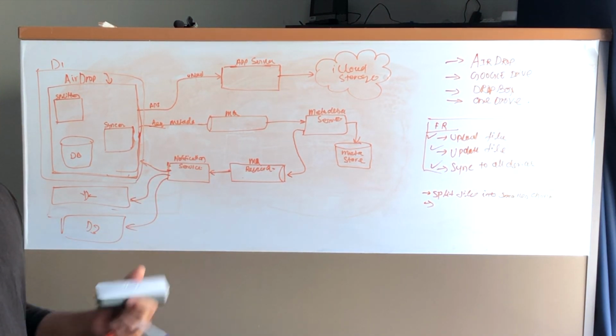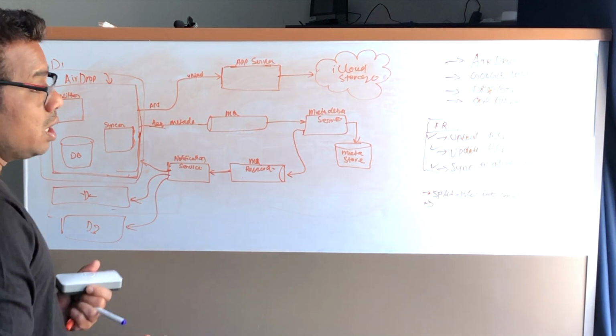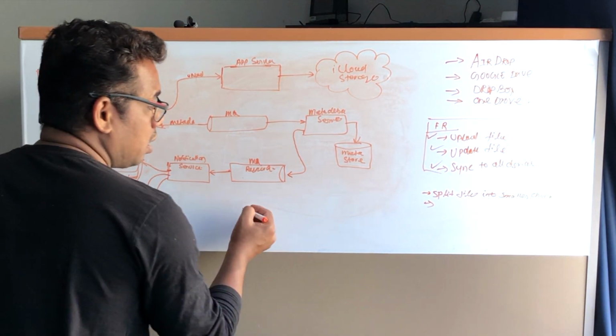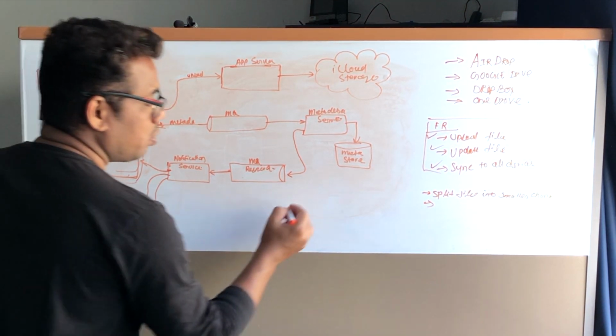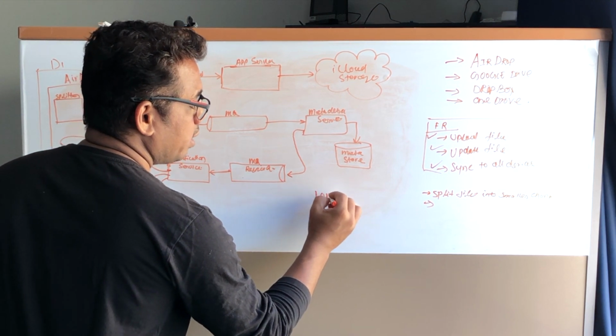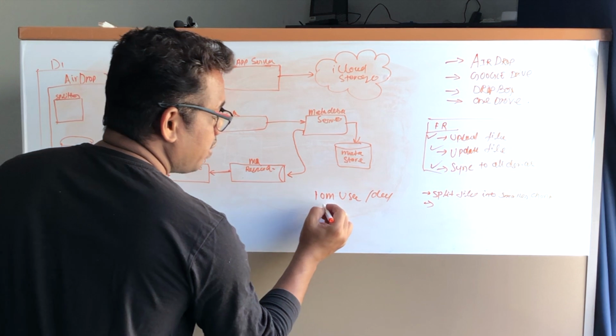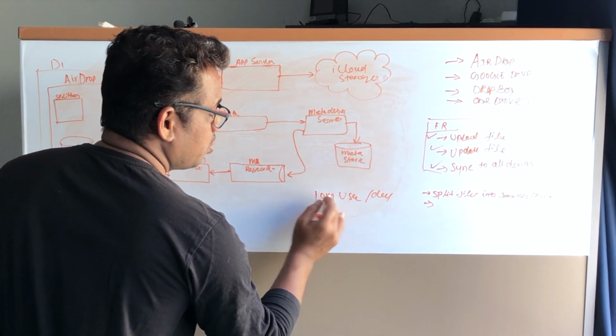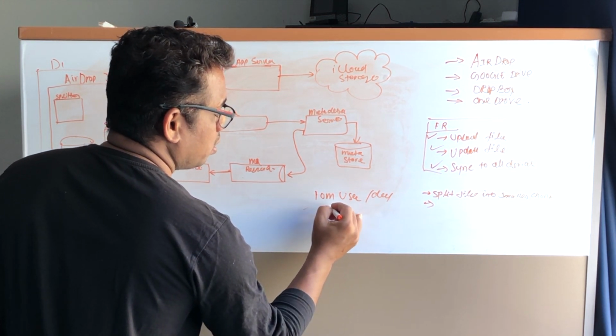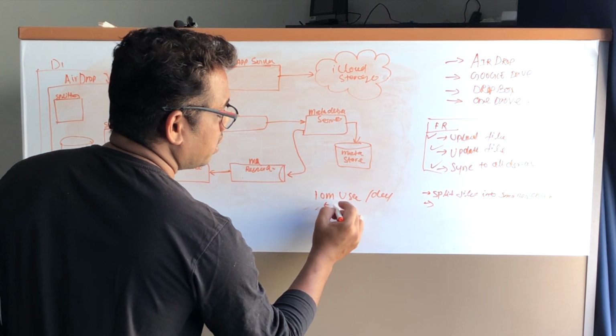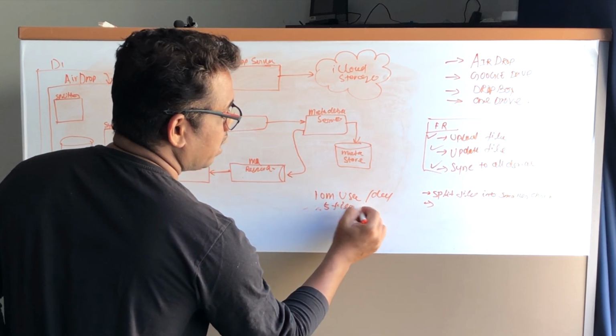But what about scale? We didn't talk about scale at all. For scaling, let's say there are 10 million active users per day, and every user on average can upload five files, right?